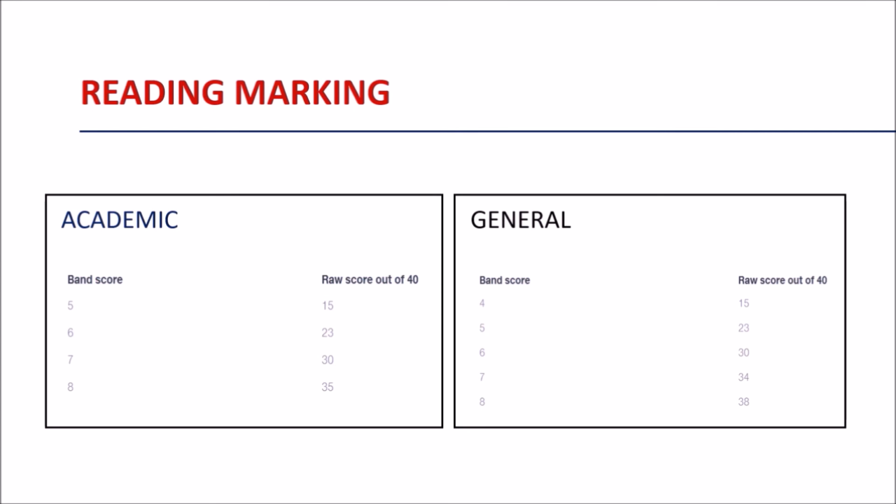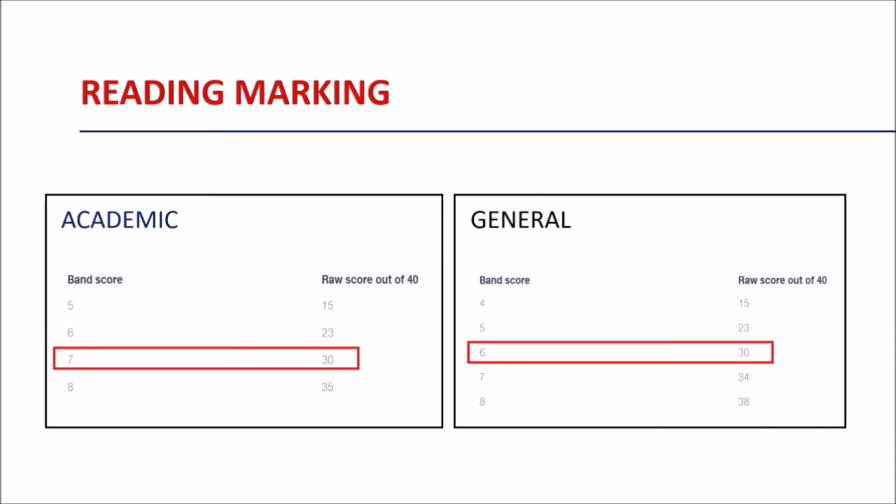For example, suppose you get 30 out of 40 answers correct in IELTS reading. In general training reading, that's an IELTS band of 6, but 30 out of 40 gets you a band 7 in academic reading. To conclude, with the same number of correct answers, you'll get a higher band score in academic reading as compared to general training reading.